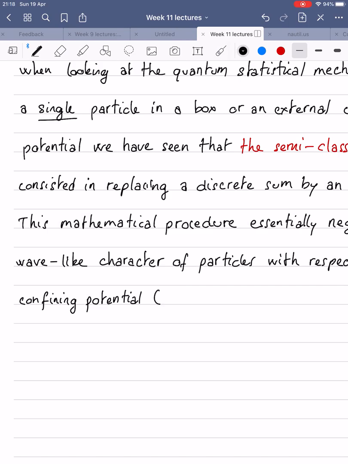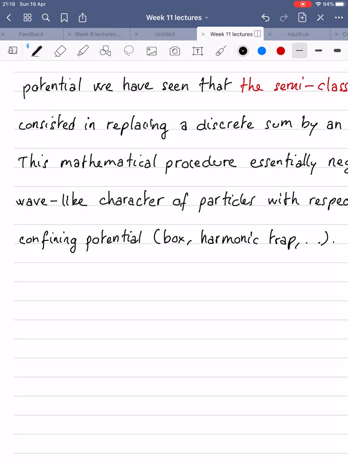So that could be a box, harmonic trap, you name it. The point is to neglect the wave-like character. So essentially it's as if the wave function did not interfere with itself, does not feel, if you will, the boundaries.